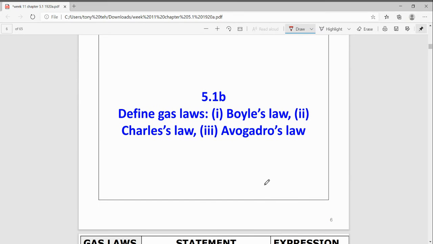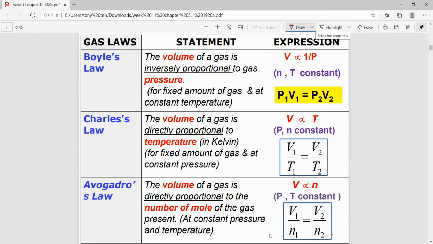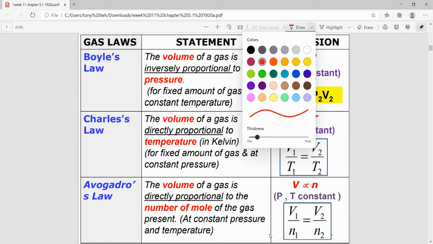Okay, let us find out the definitions for Boyle's law, Charles' law, and Avogadro's law. Now, I have asked someone in the group to pass you three links regarding Boyle's law, Charles' law, and Avogadro's law.